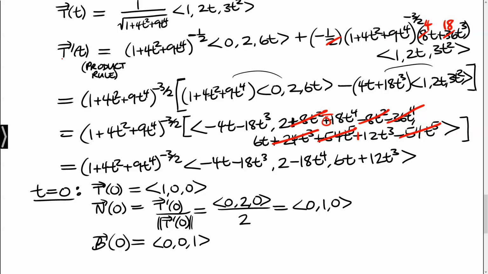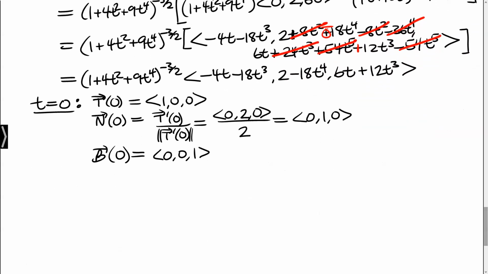Now, what about t equal to 1? There's a little bit of calculation to do, but we're going to go through the same steps. So T of 1: I go back up here and plug in 1.